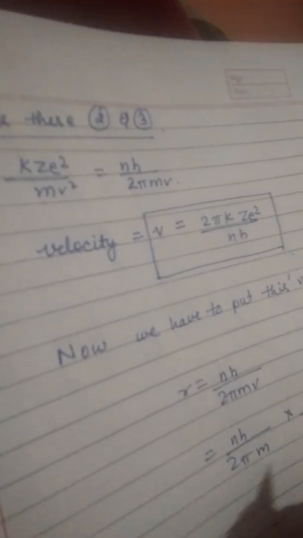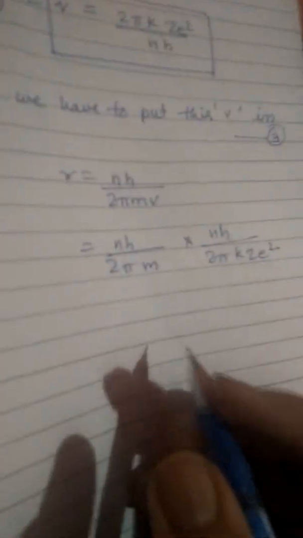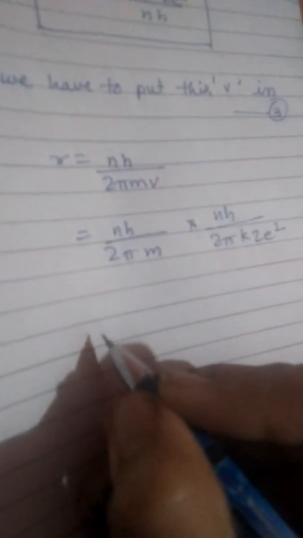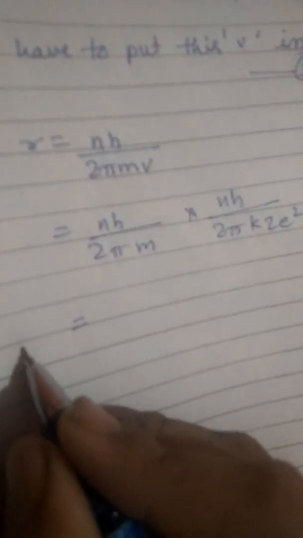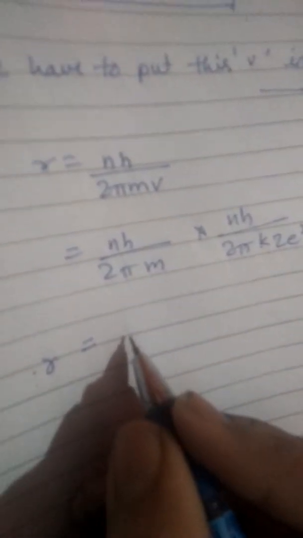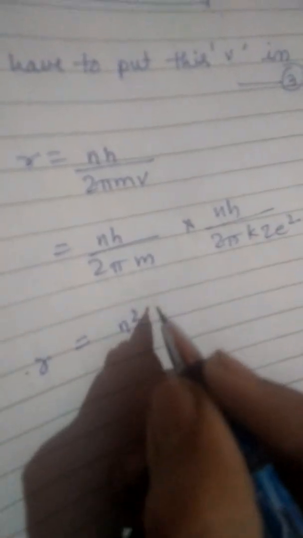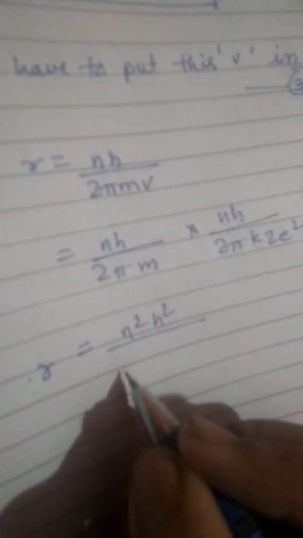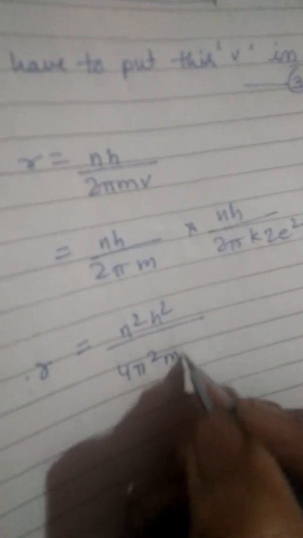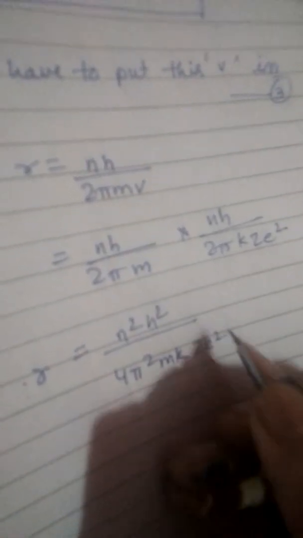You can solve it. So after solving it properly, we will get radius is equal to n square h square upon 4 pi square m k z e square.